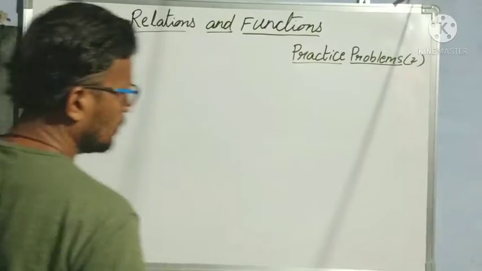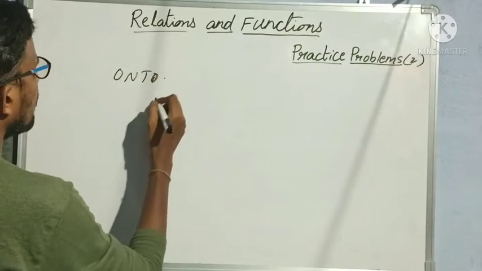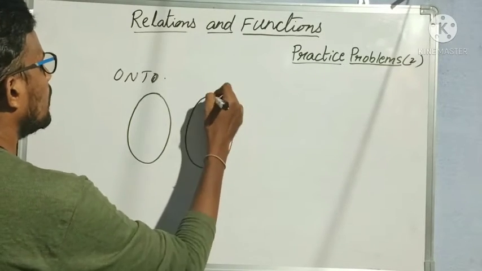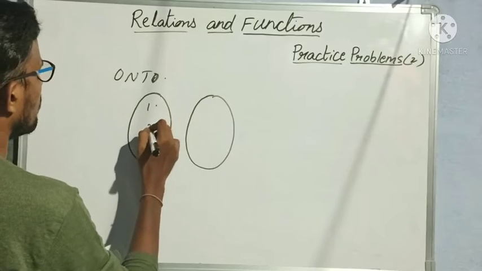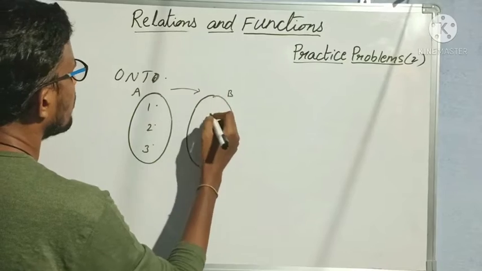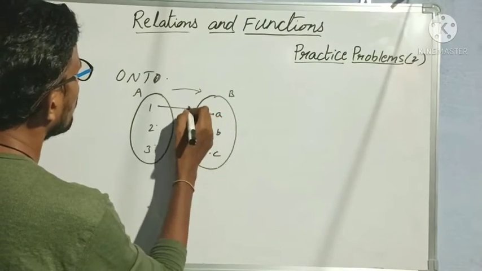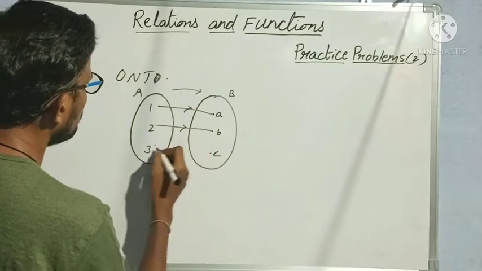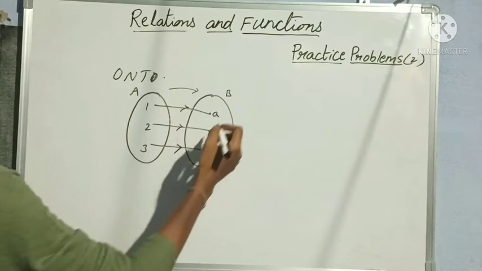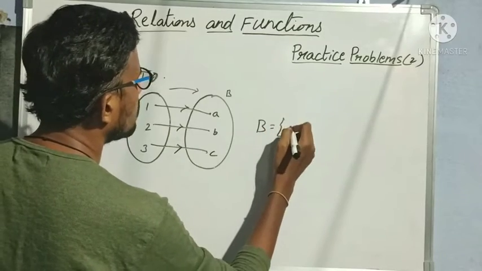Now a recap about onto function. When can we say that a function is onto? Same example, but now I am changing the elements. In set A I am taking a, 1, 2, 3, and in set B I am taking a, b, c. Here 1 is mapped to a, 2 is mapped to b, and 3 is mapped to c. What are the elements of the codomain? Codomain means the complete set B, so B equals a, b, c.